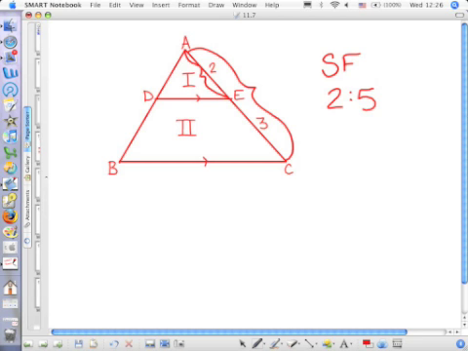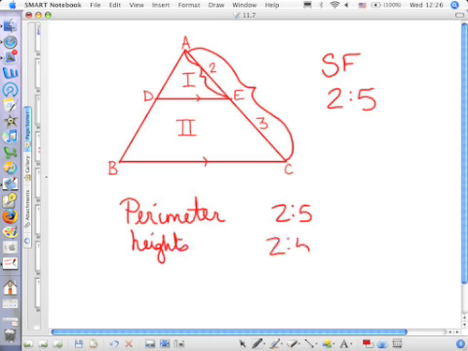All right, so if that's the case, tell me the ratio of the perimeters. Tell me the ratio of the heights of these triangles. Tell me the ratio of the areas of these triangles.